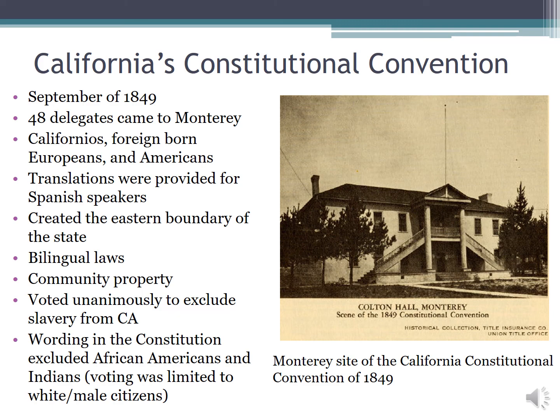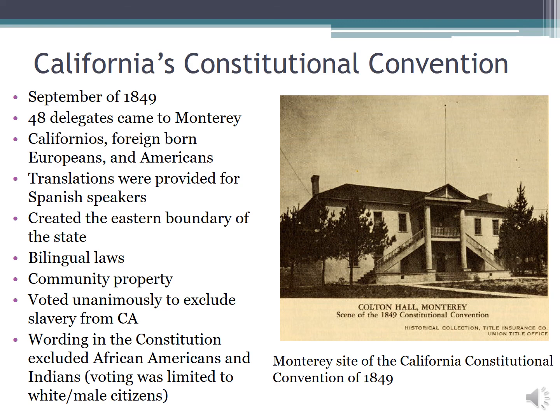Okay, so California, prior to becoming a state, needed to create a constitution. And so a group convenes in Monterey at Colton Hall, which you see pictured there, in 1848 to figure out what the state constitution would look like. There were 48 delegates that attended this constitutional convention, and it was a very mixed group of people. Compared to other states in the United States, this was a very diverse group.